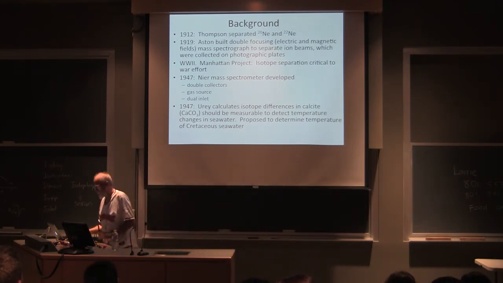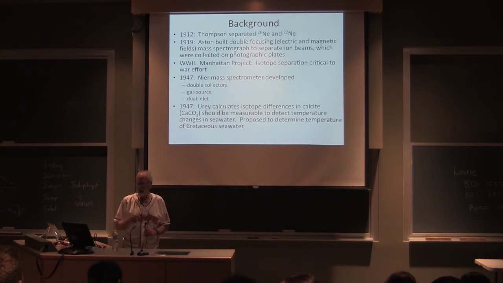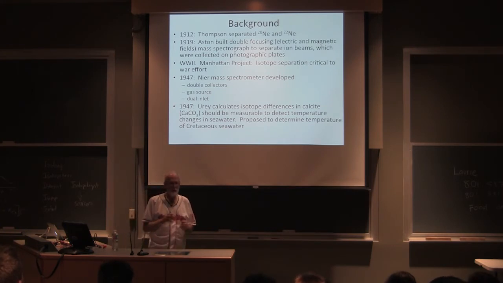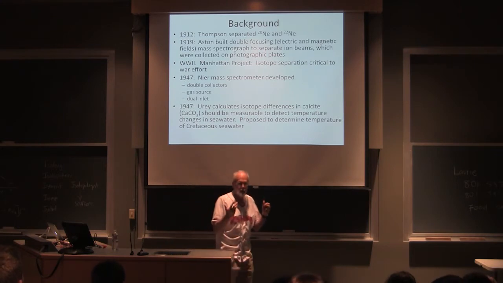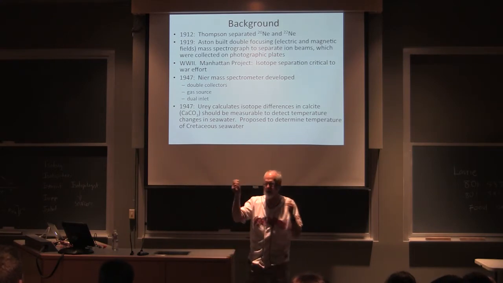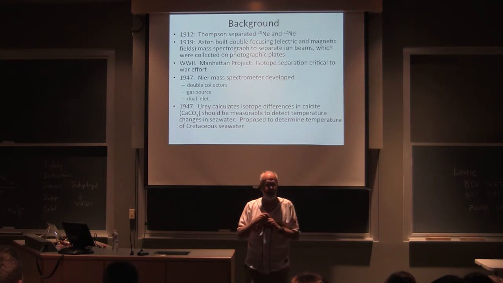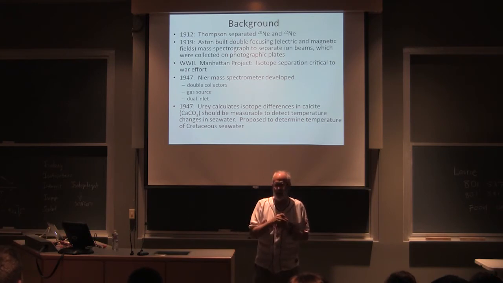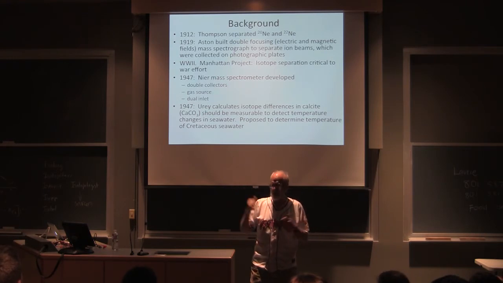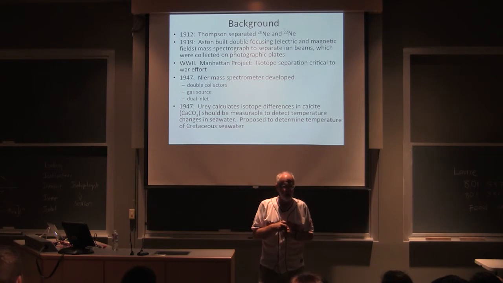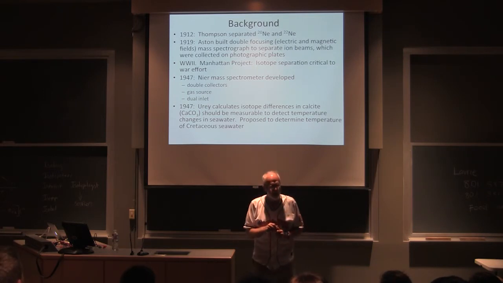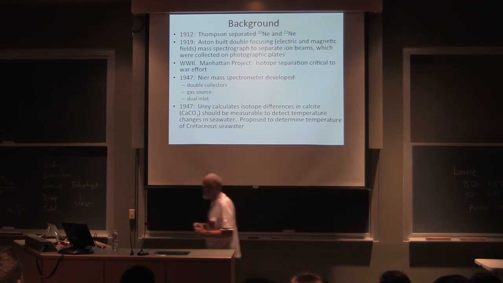And this actually resulted from his giving a lecture at ETH in Zurich, and he had said, well, calcite is a potential thermometer, and I made all of these calculations, and if we can just measure it. And one of the people in the audience, who was a geologist, said, well, if that's true, you should be able to measure the temperature of seawater. So he said, great, we're going to do seawater. And it just shows that even Nobel Prize winners are interested in dinosaurs, because the Cretaceous was when the dinosaurs were running around.